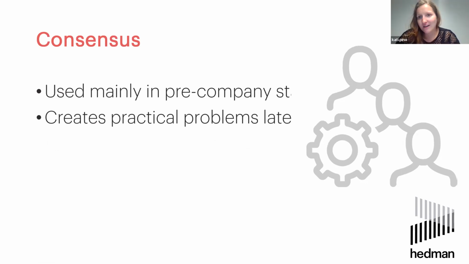Consensus is a fun way to run the business. Usually it is used mainly in pre-company stages. So if you're still in the formative stages of the company or the business idea, if it's only the central 2-3 people who are working on it, and they have a clear outlook of where the company or the idea is going to go.